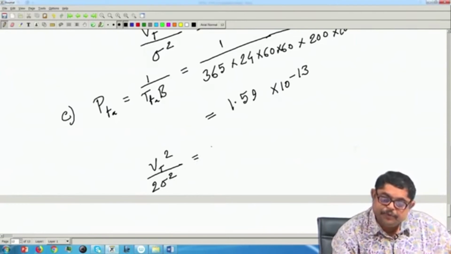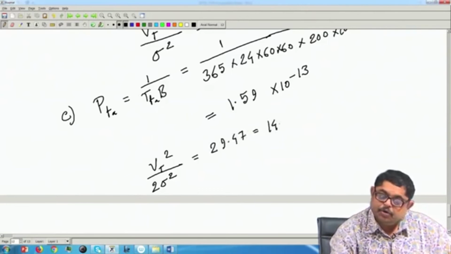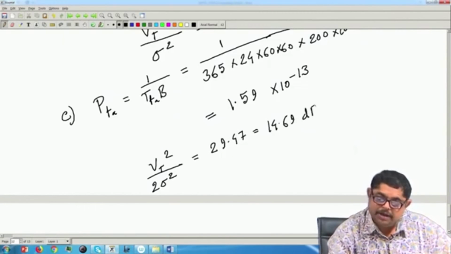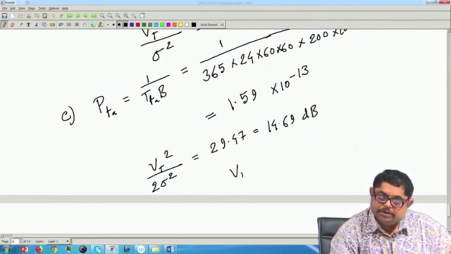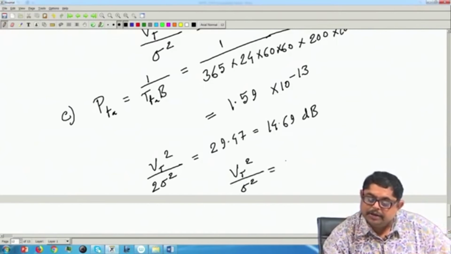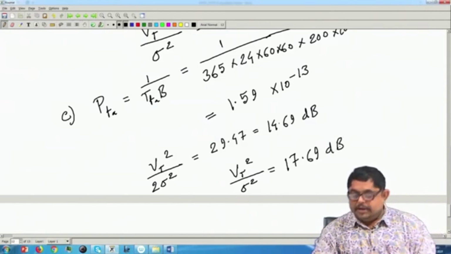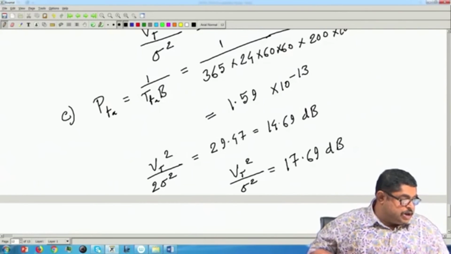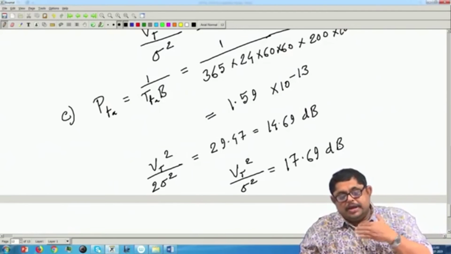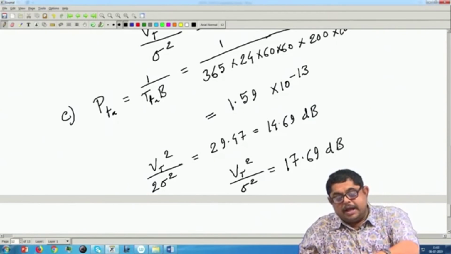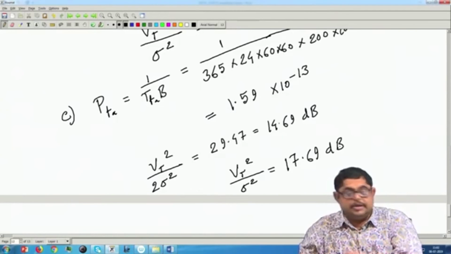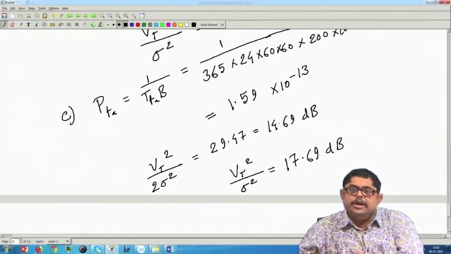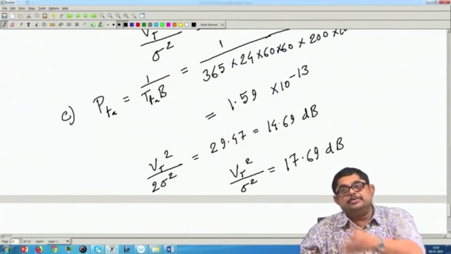Accordingly, we can find the V t square by 2 sigma square. So, that will be 29.47, that is 14.69 dB. So, V t square by sigma square will be 3 dB more than this, that means 17.69 dB. So, instead of 15.95 dB, if we keep the V t square over sigma square at 17.69, that means only 1.7 dB increase, we will get it.